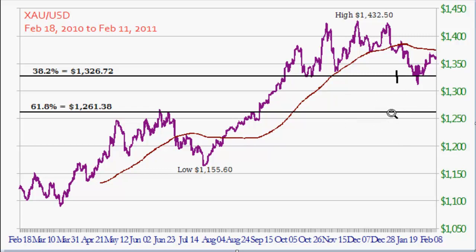And that is because that is the 61.8% Fibonacci within the most significant lows that this market's had, which is at 1155 from the summer of 2010 and this high of 1432. So that'd be the more logical place where it would come into play.